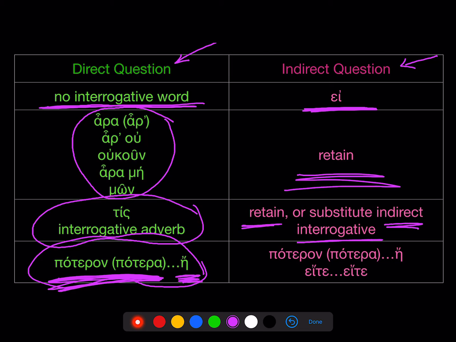Whether you want coffee or tea. We don't do that in English, but Greek can do that, although you don't always need the potera in the direct question. In the indirect question, you can retain this poteron a, although now you really need the poteron or potera, or you can have eta eta.